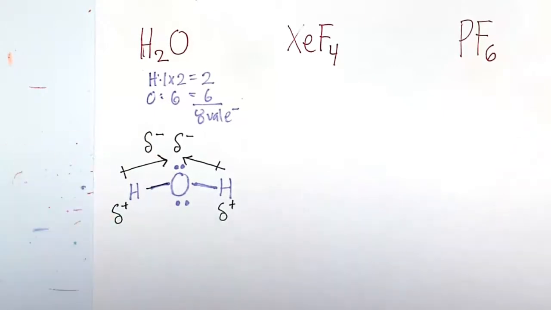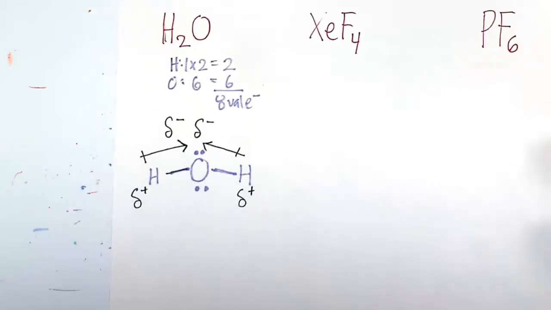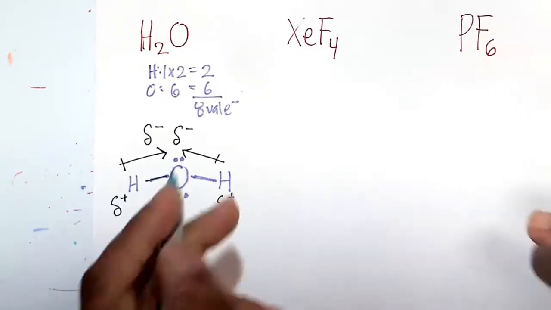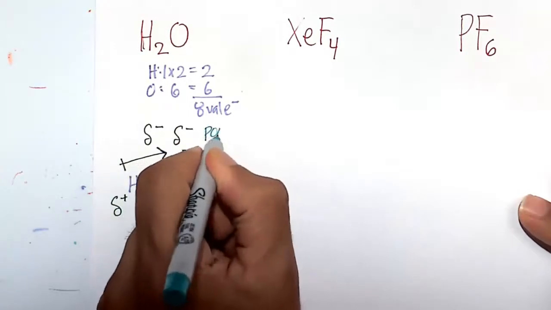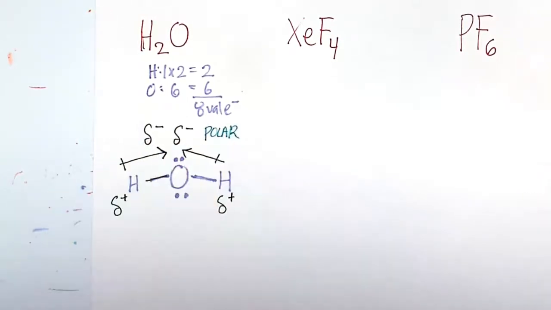And in the center of the molecule we have a negative buildup of partial charge. So this is an example of a polar molecule where one end is partial, keyword partial, positive, and the other end of the molecule, the oxygen side, the oxygen central part of the molecule, is partial negative.